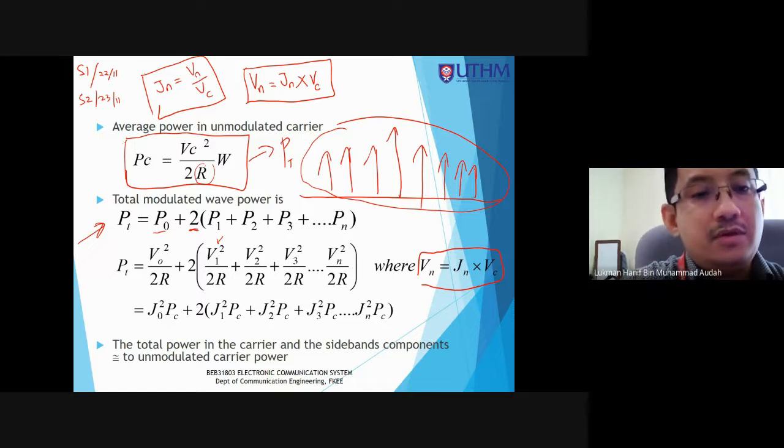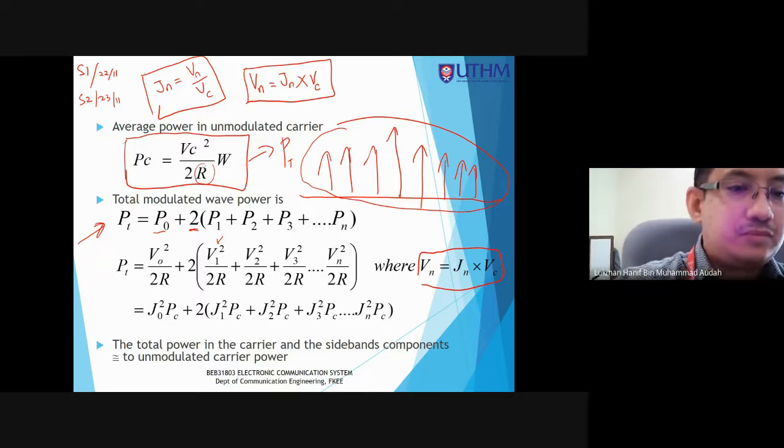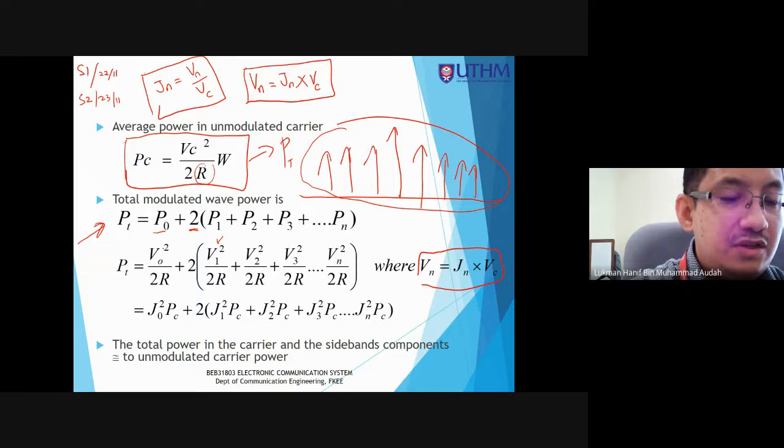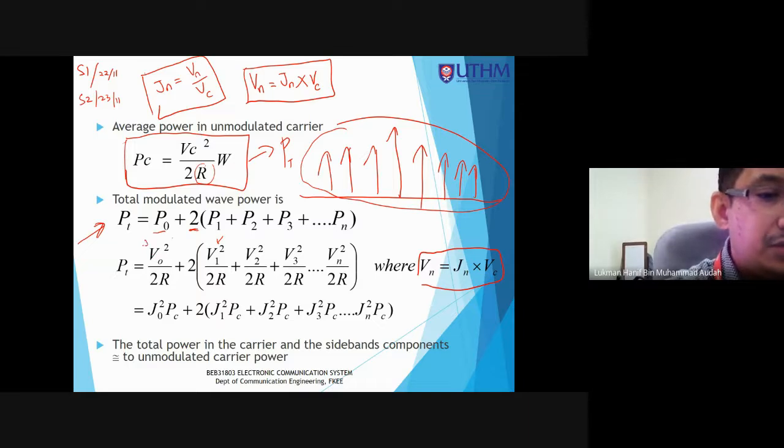P0 is V0 square over 2R. What is V0? V0 is equal to J0 Vc, and this one is square. Similar with V1, which is J1 Vc.